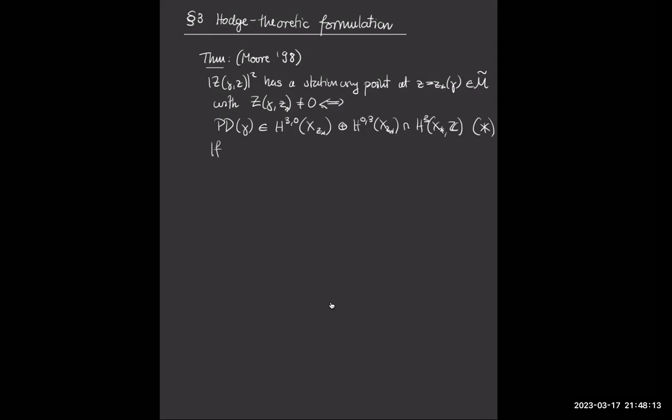And moreover, if C star of gamma exists in the interior of M, then it is a local minimum.